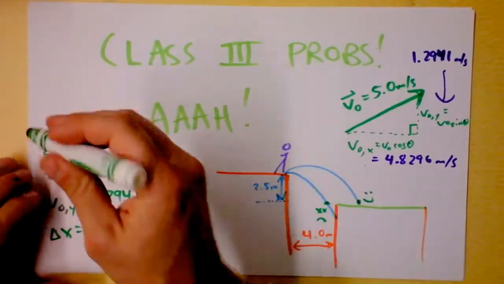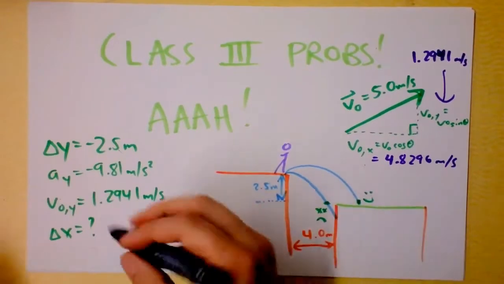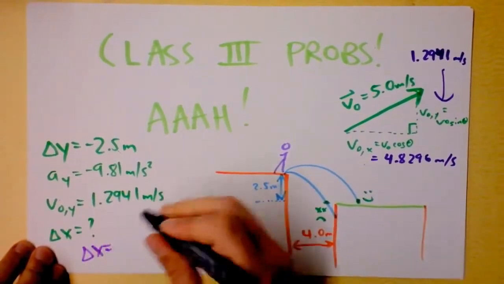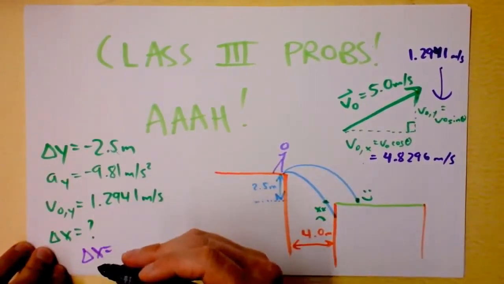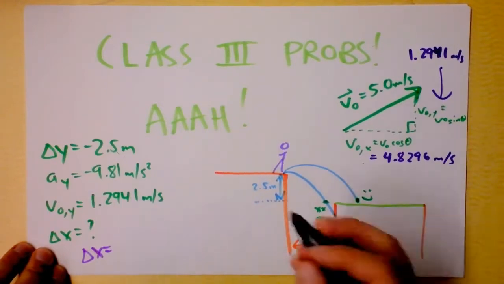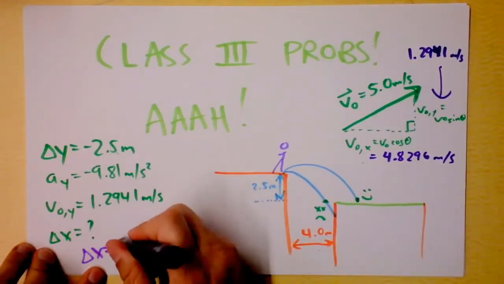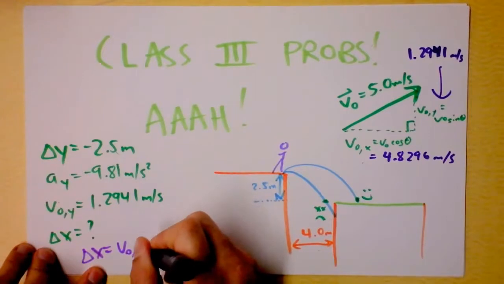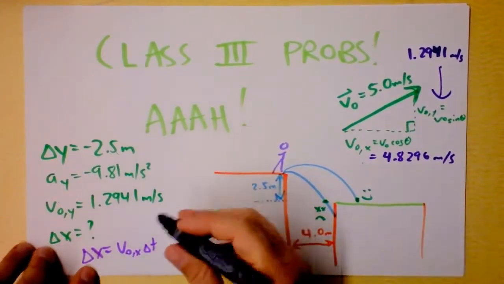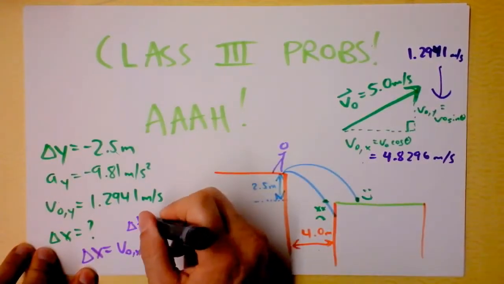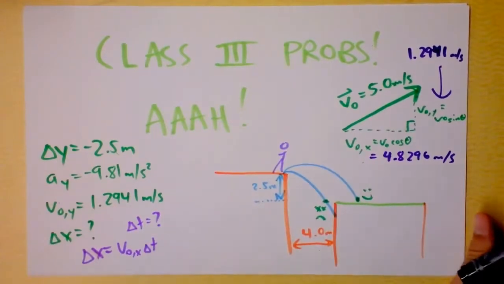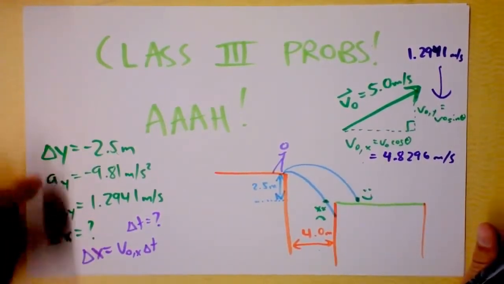In order to find delta x, we need an equation in x, and there's only one. It says delta x is the initial velocity in the x direction times delta t, and we don't know delta t. So now we're on a side quest to find out how long it takes for this to happen.